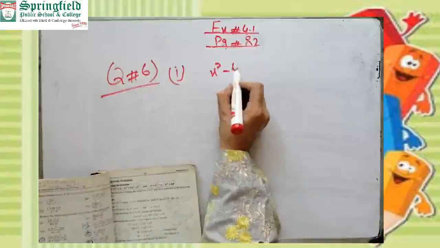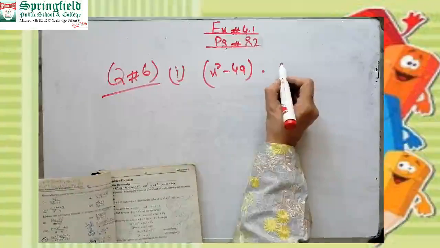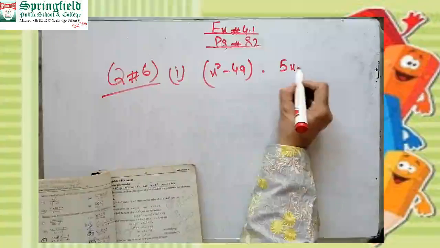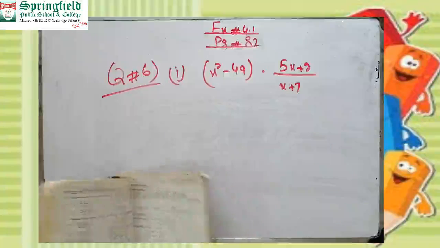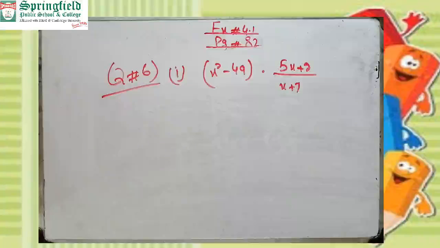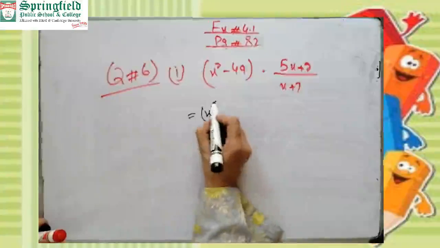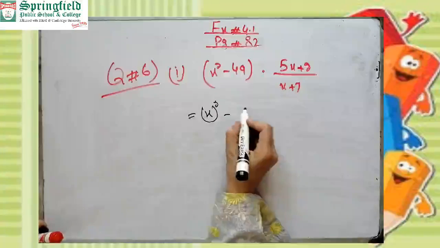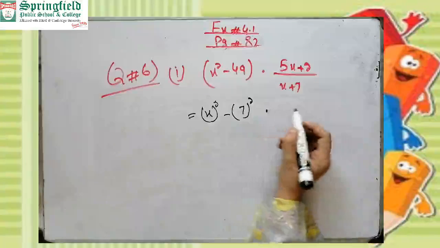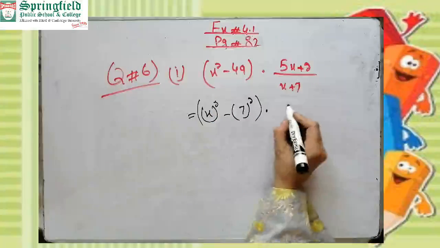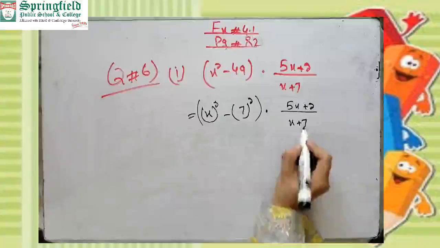x square minus 49, and then multiply by 5x plus 2 divided by x plus 7. So how can we simplify this question? x square minus 49 is the square of 7, so it can be written as 7 square. Using the formula a square minus b square equals a plus b times a minus b, we get x minus 7 times x plus 7 into 5x plus 2 divided by x plus 7.